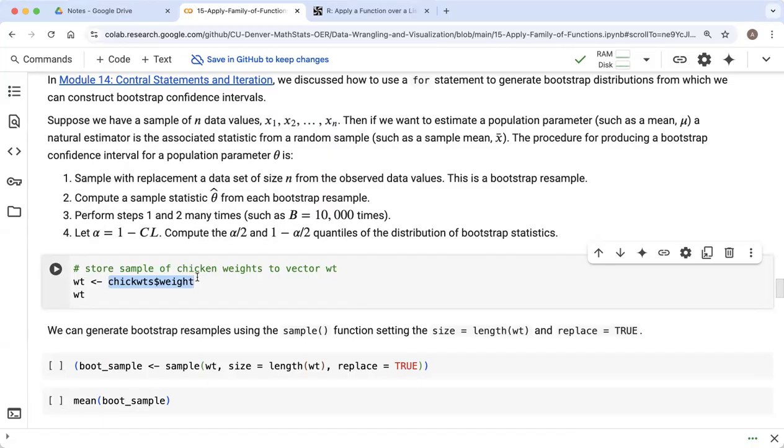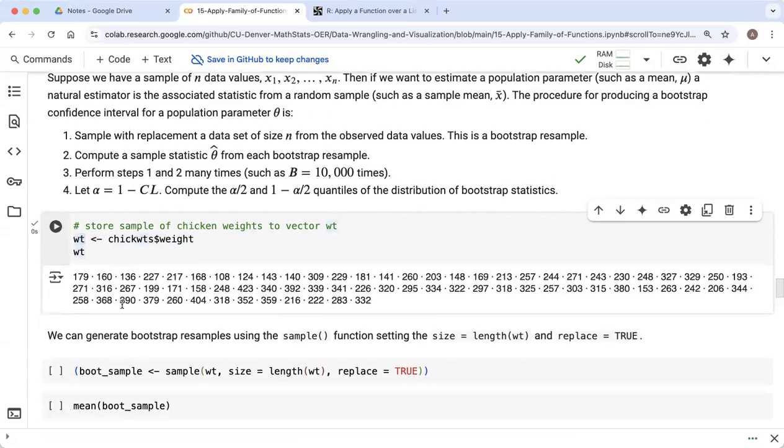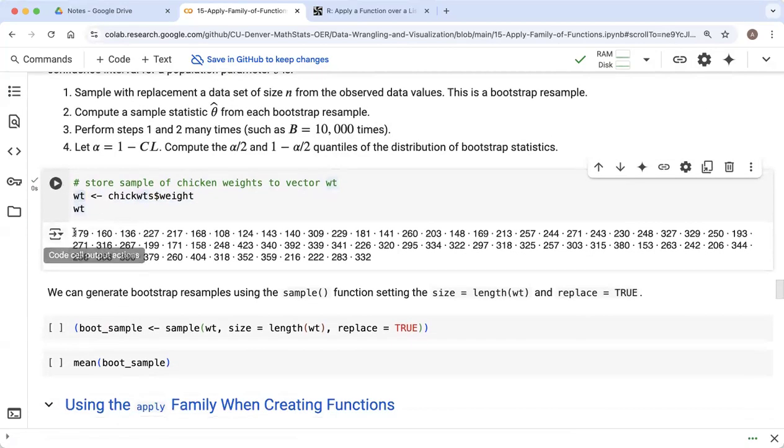We're going to group all of those chickens together. So I'm going to store the data to a vector that I'm calling wt. And we can print that out. So this is a vector that contains 71 observations. We can see all of the weights of all 71 chicks in our data frame. These are their weights in grams 6 weeks after they were born.